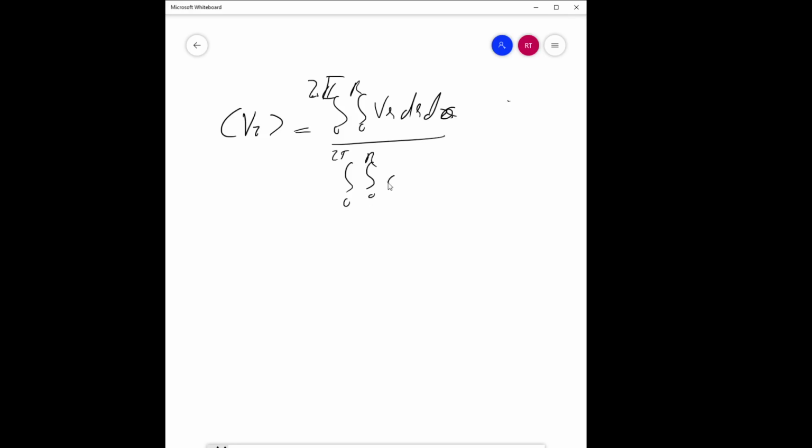Okay, now let's do it for average velocity. So the average velocity we said can be stated as integral 0 to L, 0 to R, this should be Vz r dr d theta, sorry about that, it's the previous problem. Similarly this divided by integral 0 to 2 pi, 0 to R, r dr d theta.